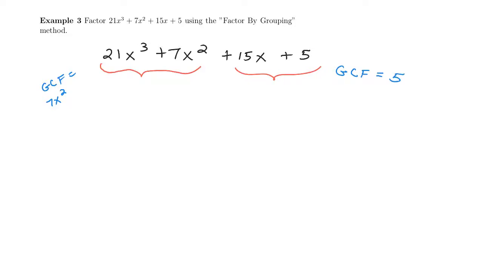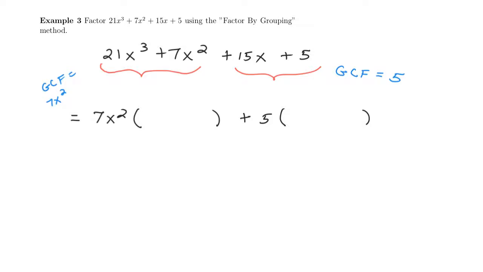So again, using just the greatest common factor on the first two terms and the last two terms, let's try to factor just those pieces and see what happens. What I'll do is I'll write down the greatest common factor, set up a set of parentheses, and then put plus my other greatest common factor and set up parentheses again, placing inside the parentheses what I would need to multiply back to the original expression.